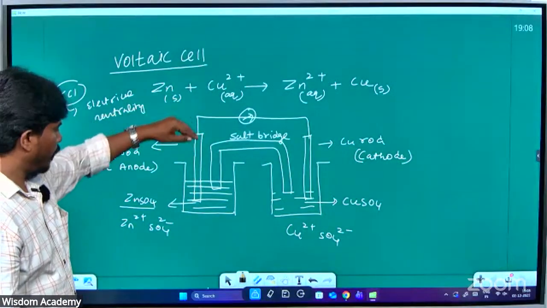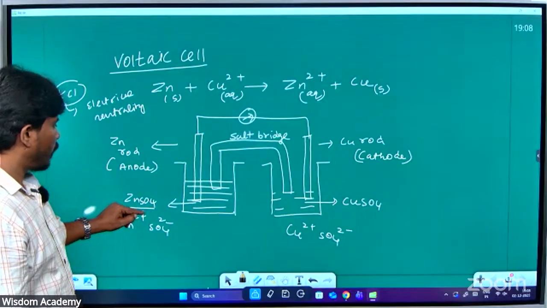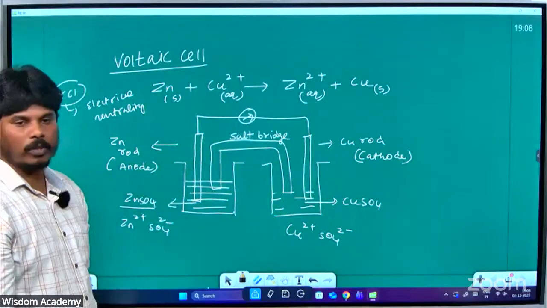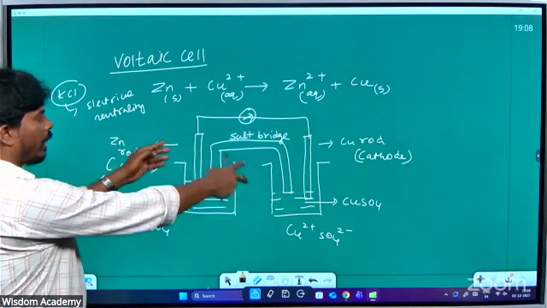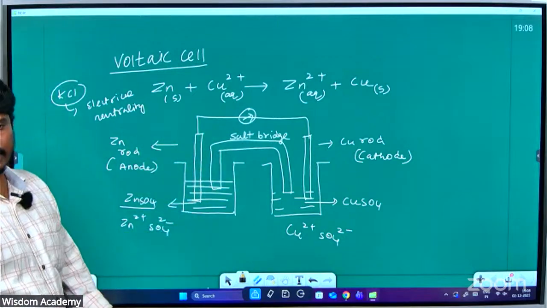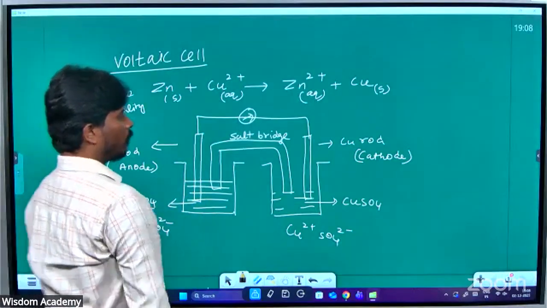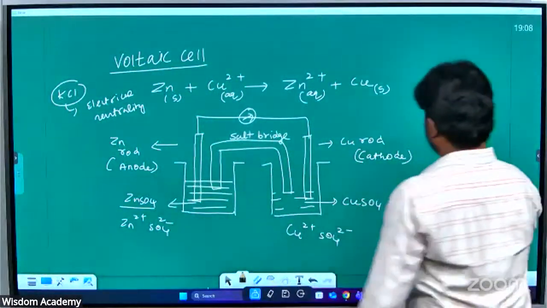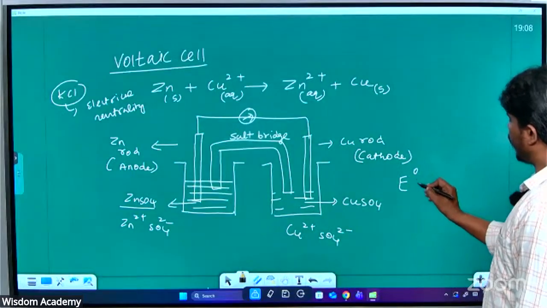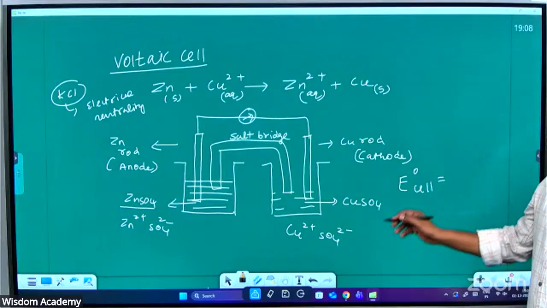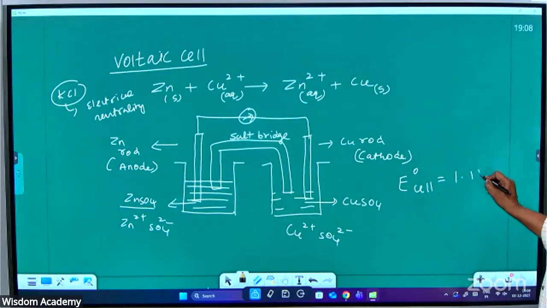Zinc rod is placed into zinc sulfate solution and copper rod dipped into copper sulfate solution, and the electrodes are connected externally. Here the electricity produced is equal to 1.1 volt.